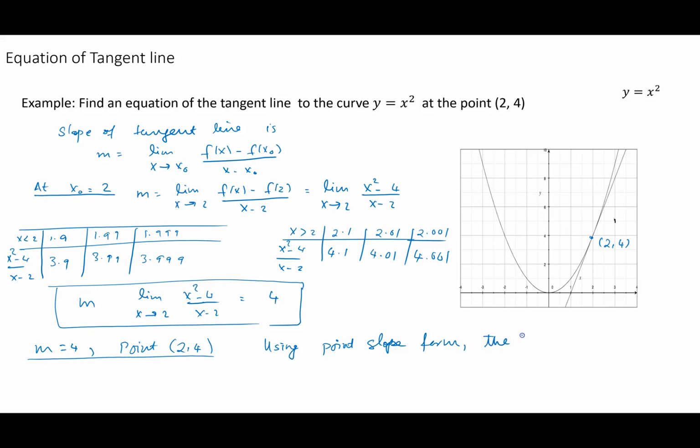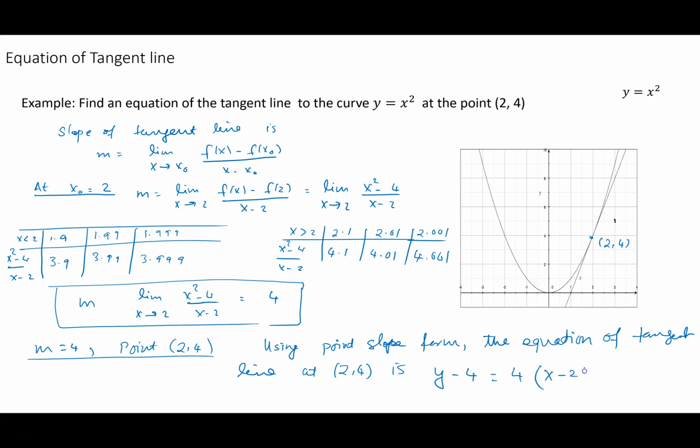The equation of the tangent line at the point (2, 4) is y minus y1, which is 4, equals m, which is 4, times x minus x1, which is 2.